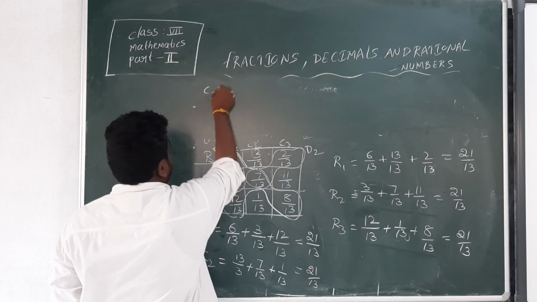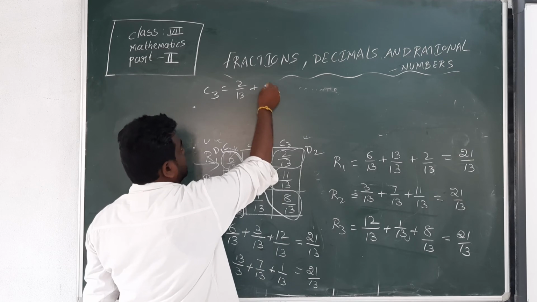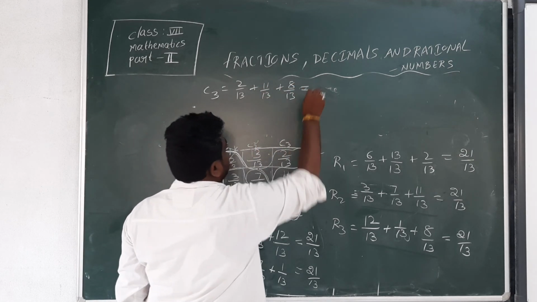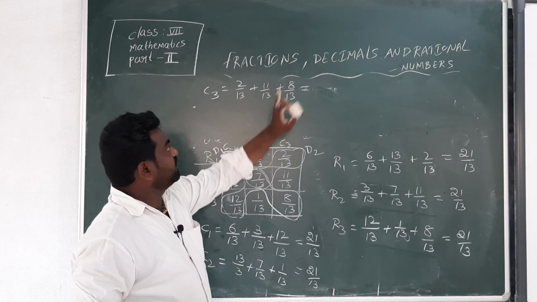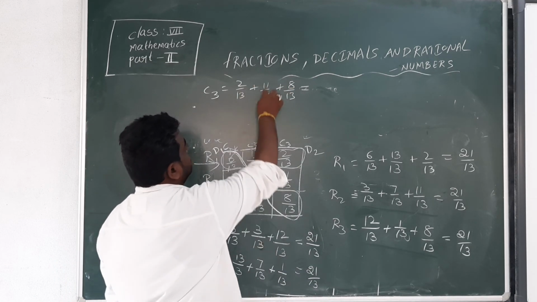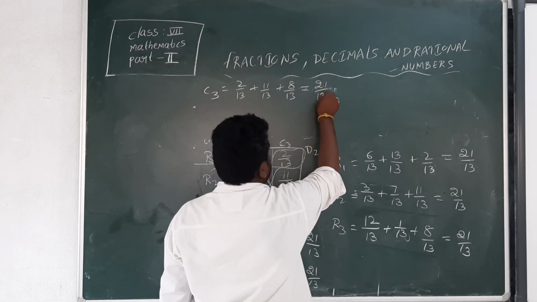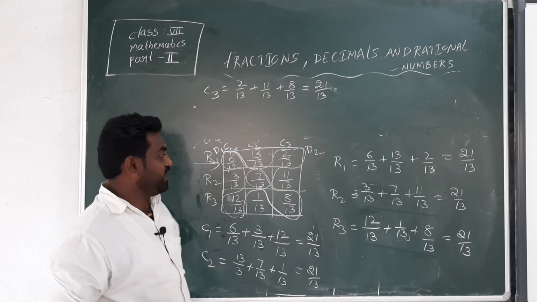C3, column 3: 2 by 13 plus 11 by 13 plus 8 by 13. 2 plus 11 is 13, 13 plus 8 is 21 by 13.